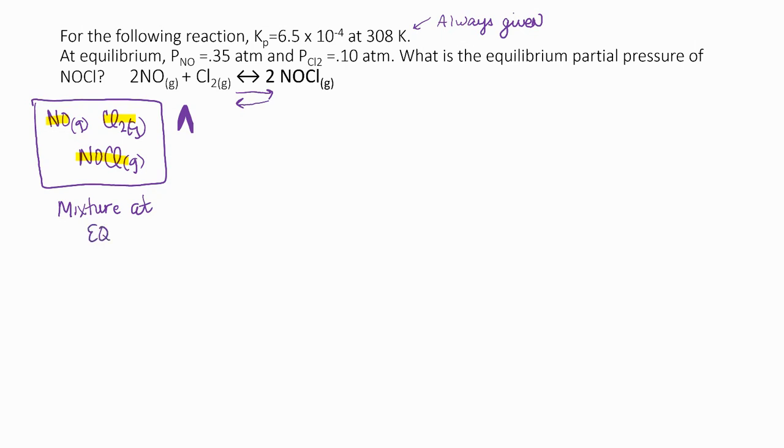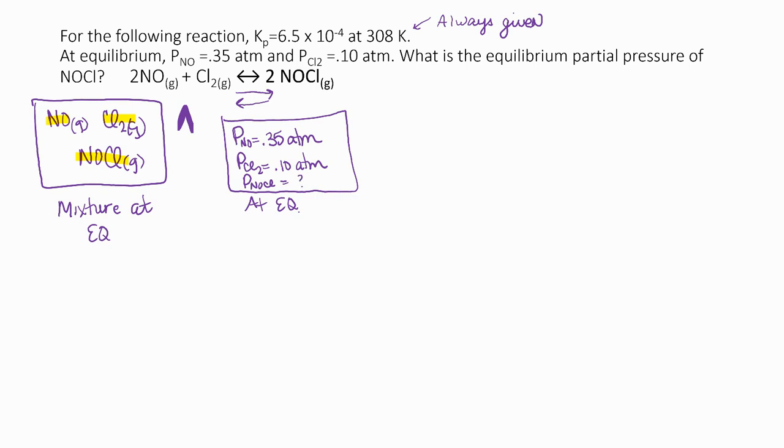Now, one thing you've learned from previous chem is that gases exert a pressure on the walls of their container. So the partial pressure of NO at equilibrium is 0.35. The pressure of the chlorine at equilibrium is 0.10 atmospheres. So the question is, what is NOCl's pressure? And we are provided insight into that because the Kp is the ratio of pressures.